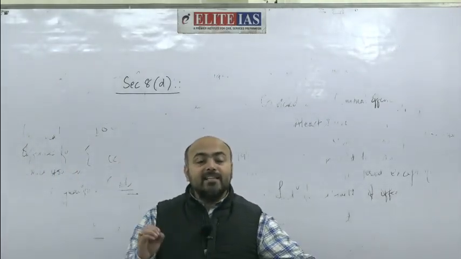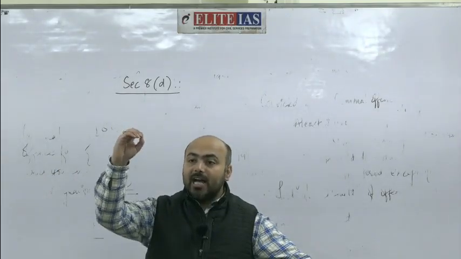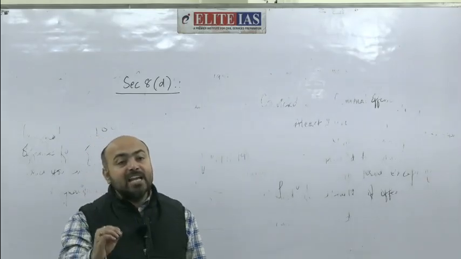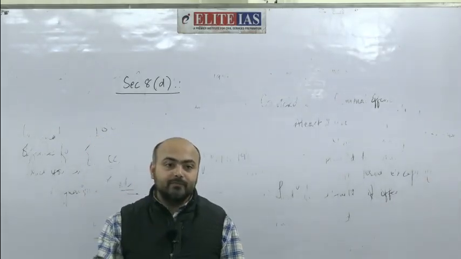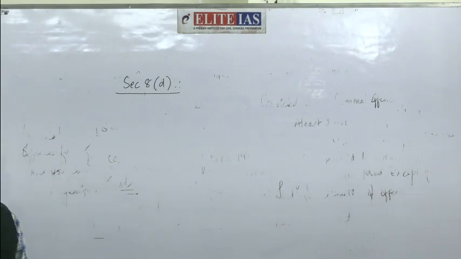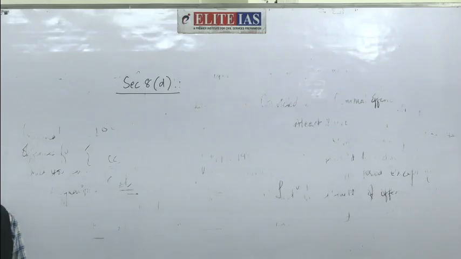Rather, he is given an opportunity to appeal in the higher court. And until and unless his appeal is disposed of, he will continue as a member of the legislature.